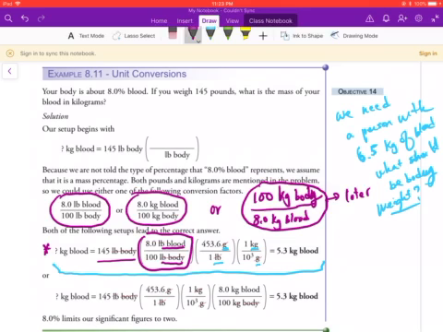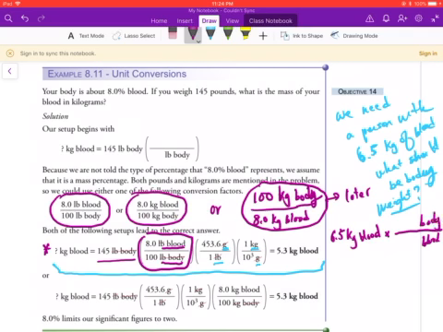I'm going to start with 6.5 kilograms of blood, and the question wants body weight. So I need to multiply by a conversion factor that gets rid of blood and goes over to body.